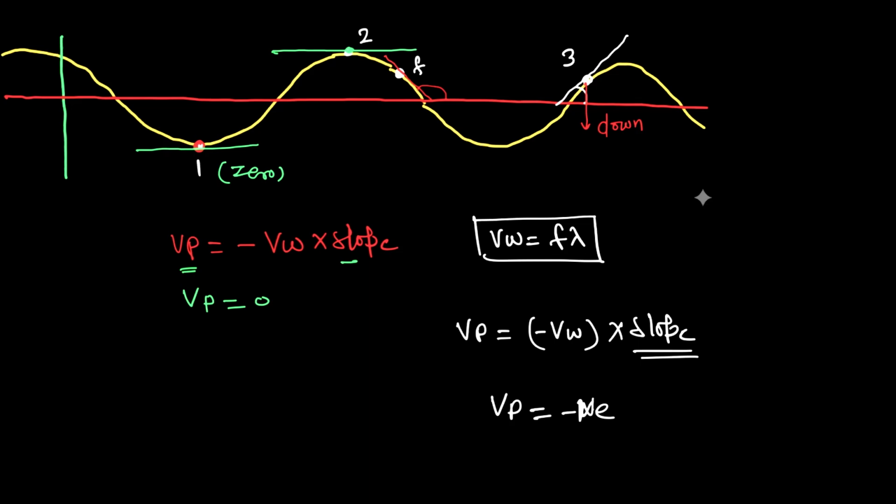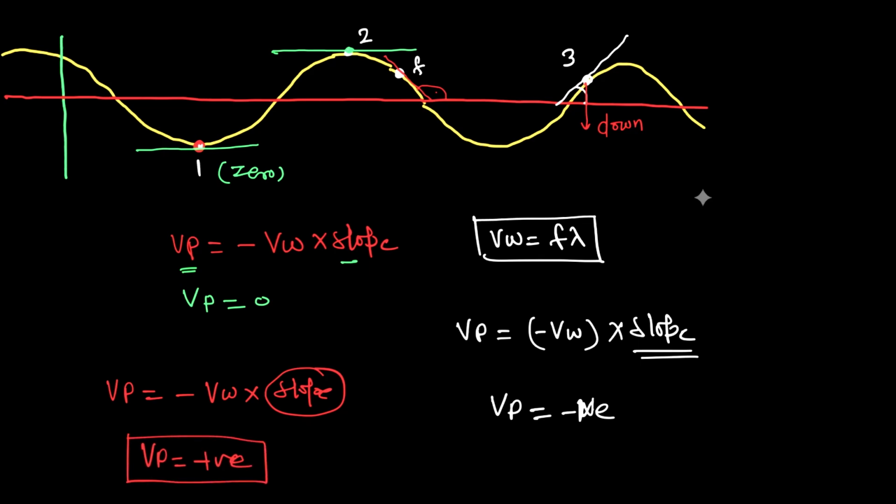It means the slope becomes negative. If I write this formula once again, Vp is equal to minus Vw into slope, and right now the slope is negative because this angle is more than 90. So Vp will be positive. Vp positive means the particle is moving in the upward direction. So that's how we relate this formula.